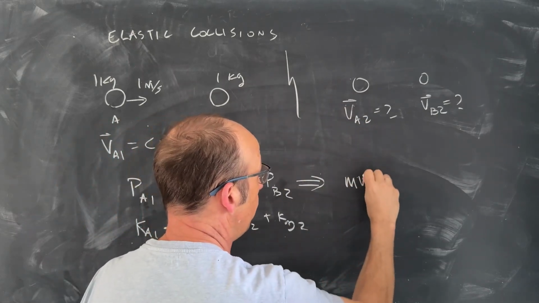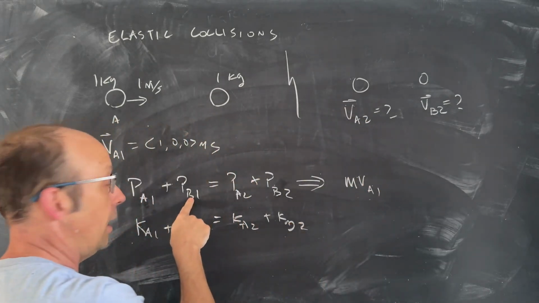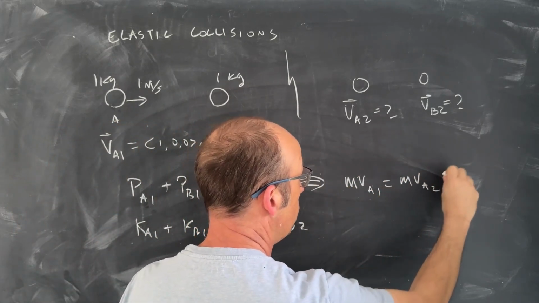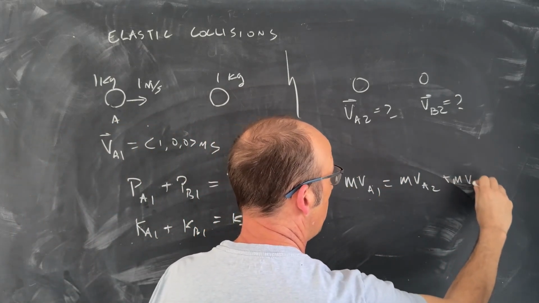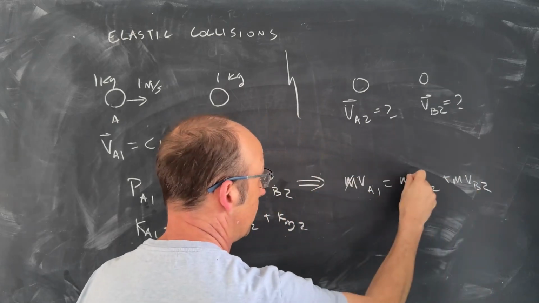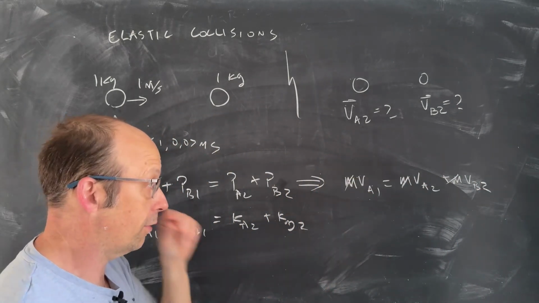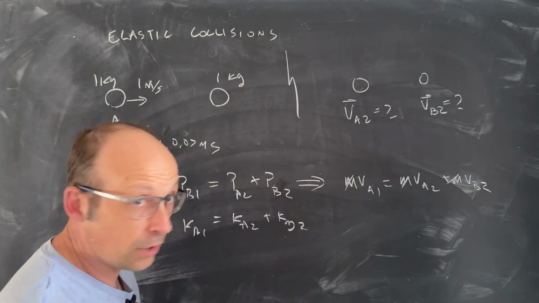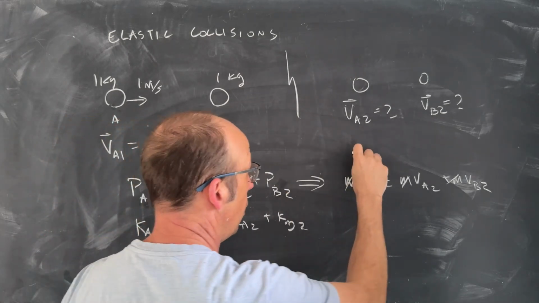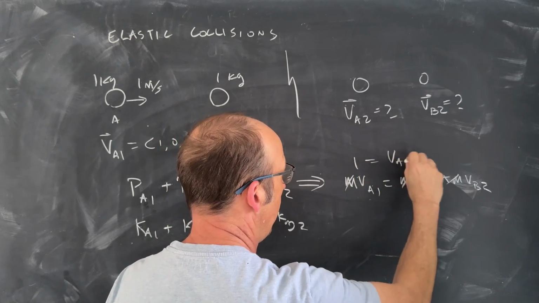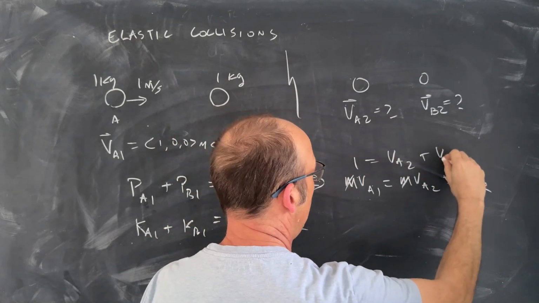So M VA1, and that's the x direction, that's 0, is equal to M VA2 plus M VB2. The masses cancel. I don't know VA2, but I do know VA1. It's just 1. So I'm going to go ahead and put that in as 1. I know it's silly, but it's going to get better. 1 is VA2 plus VB2.